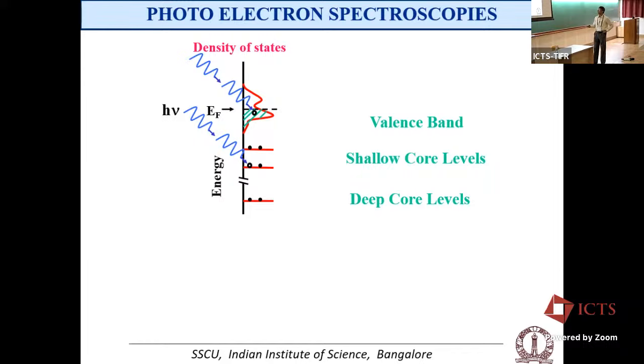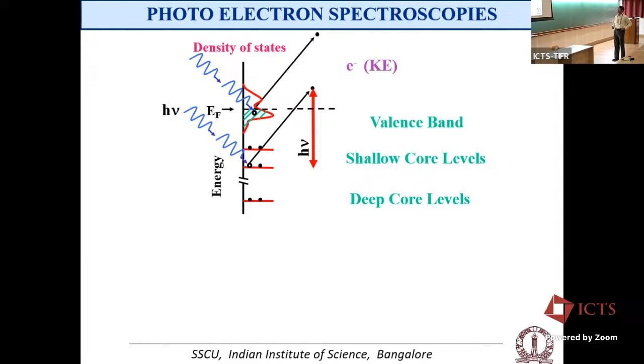And if the electrons get knocked out, I can measure their kinetic energy when they're outside. Once I measure the kinetic energy with reference to this energy reference, which is the Fermi energy in this particular case, energy conservation tells me that the photon energy, because that's what I have provided, splits into two parts: the kinetic energy that I can measure, and the binding energy from which the electron has come out.